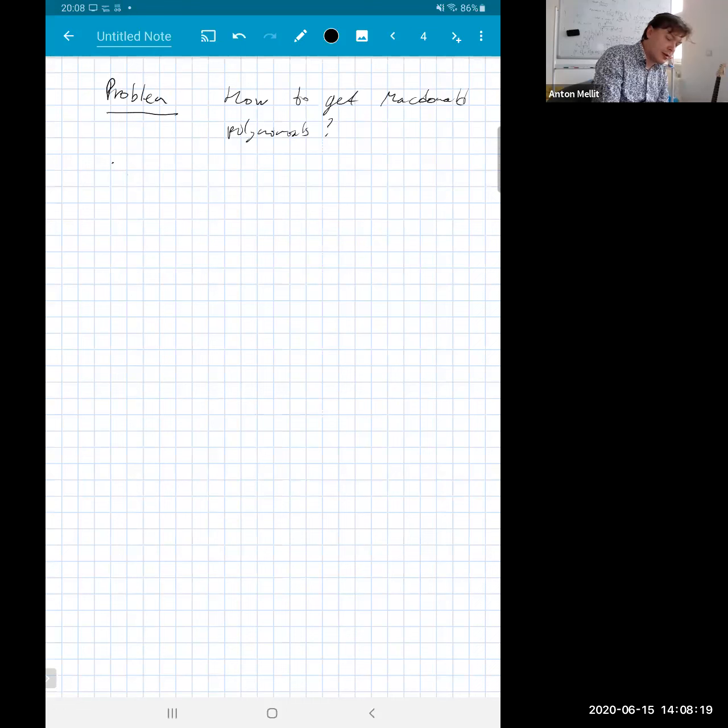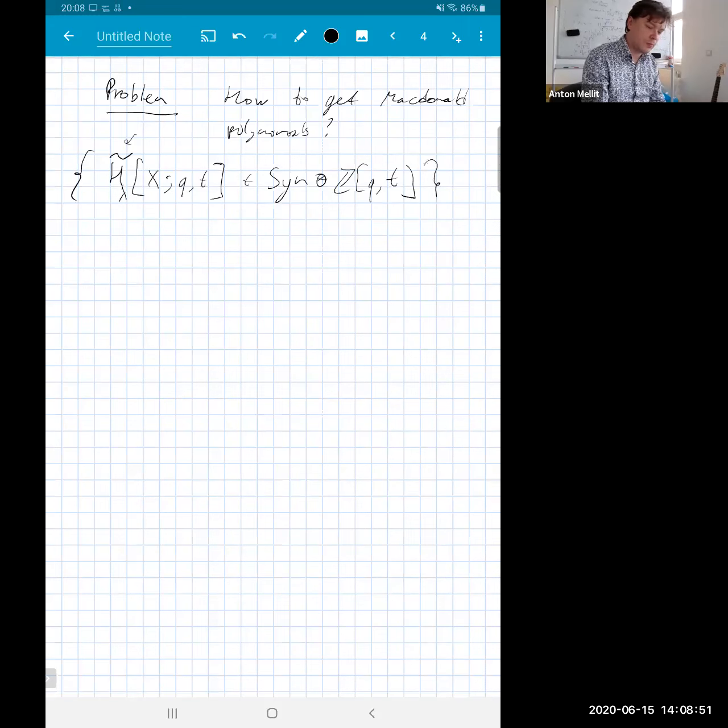They satisfy, so I put this tilde to distinguish the Macdonald polynomials from Hall-Littlewood, but it's not a standard convention. These are polynomials in Sym tensor Z[q,t], H lambda, and they are defined by triangularity properties.